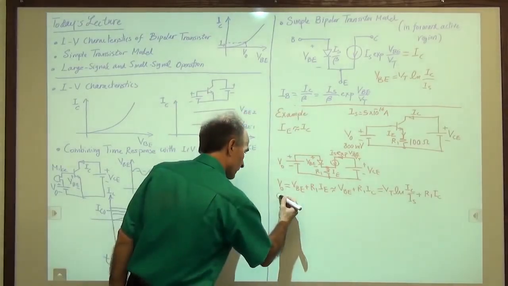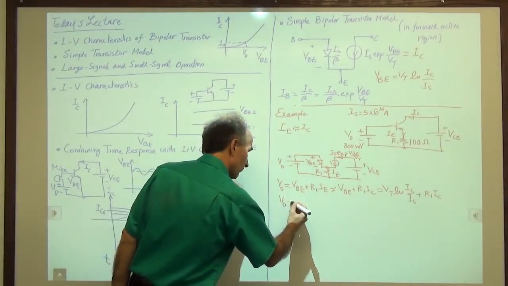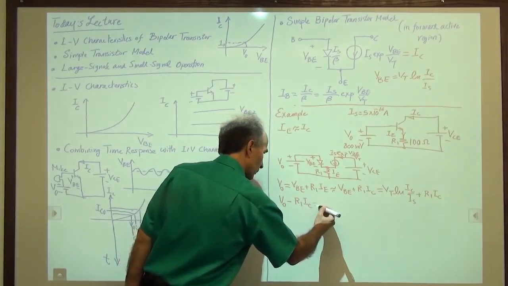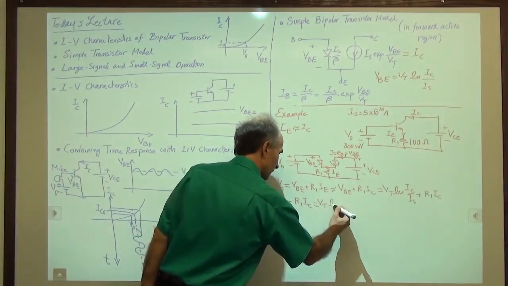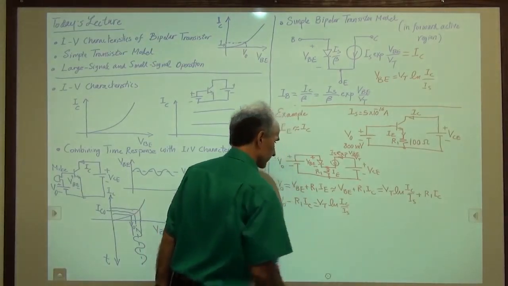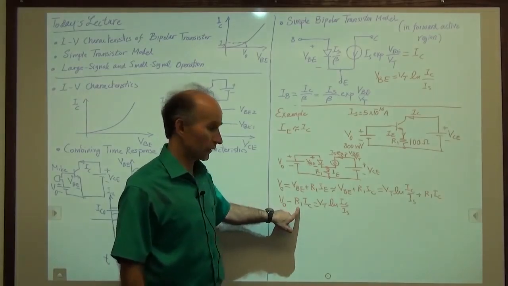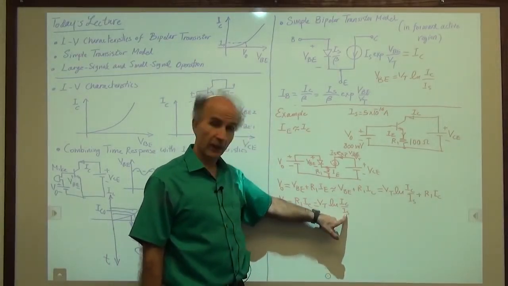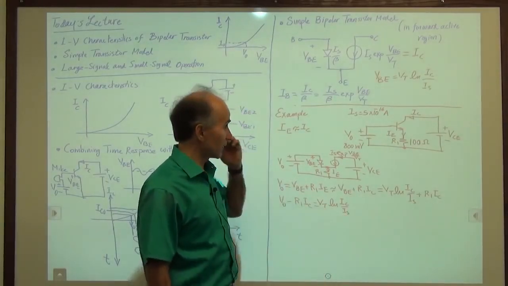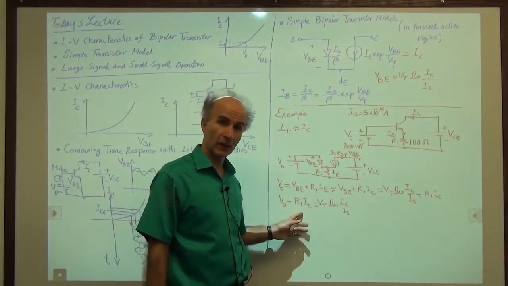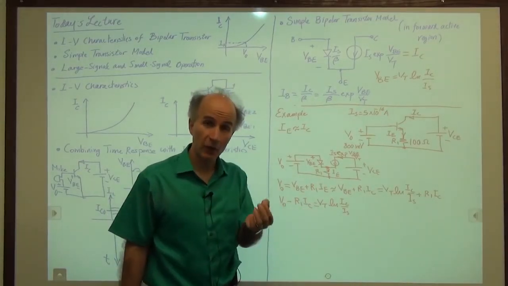And I will write it like this. I will write V0 minus R1 IC is equal to VT log of IC over IS. R1 is 100 ohms, V0 is 800 millivolts, IS is 5 times 10 to the minus 16 amperes, and VT is 26 millivolts. All right, now to solve this by iteration, we make a guess for IC.